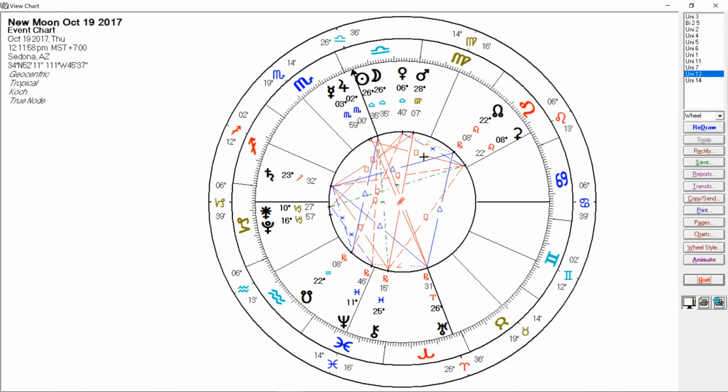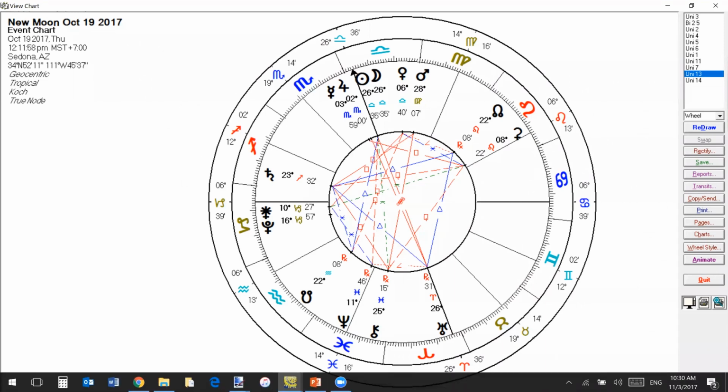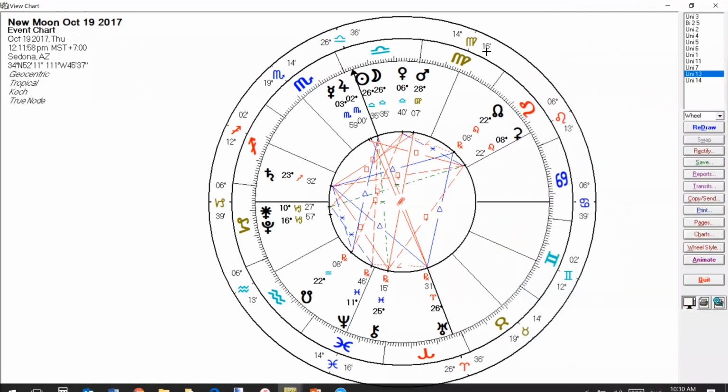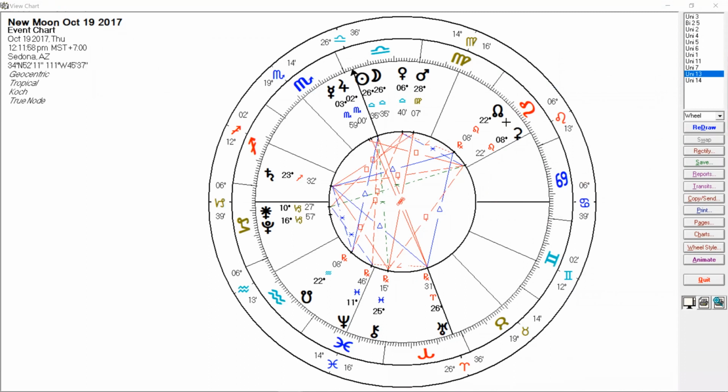Now, we need to understand what this cycle is about, but we need to understand, first of all, what the sun-moon is about. So, what is the sun-moon pair about?